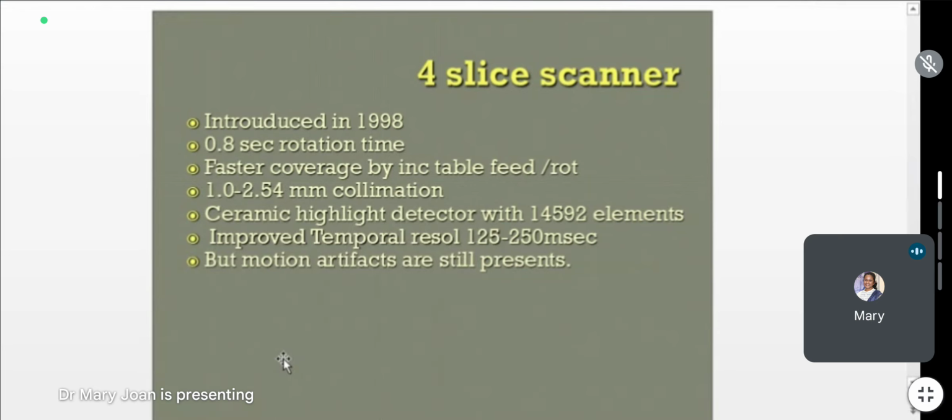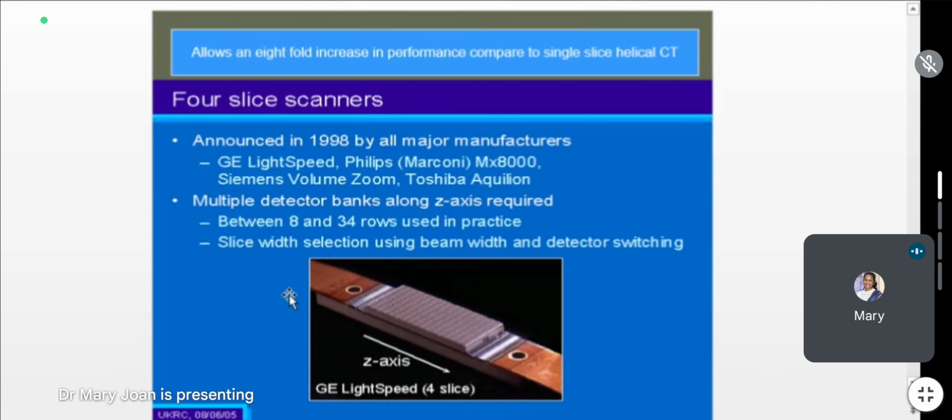The rotation time is very small and the resolution is much better with a large number of detector elements, but motion artifacts are still present in the 4-slice scanner.